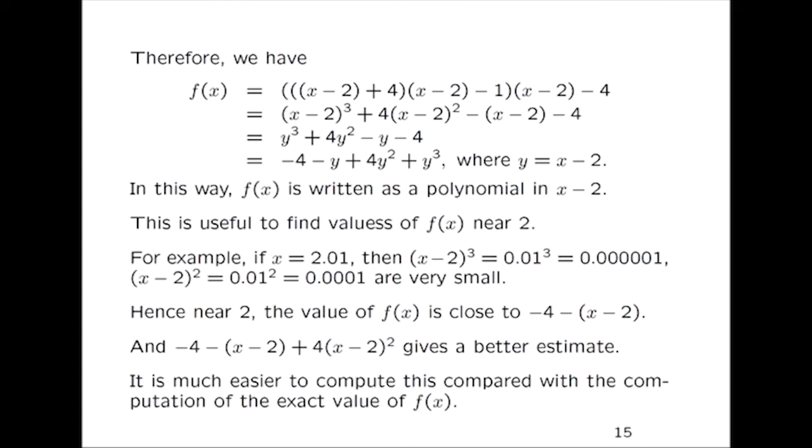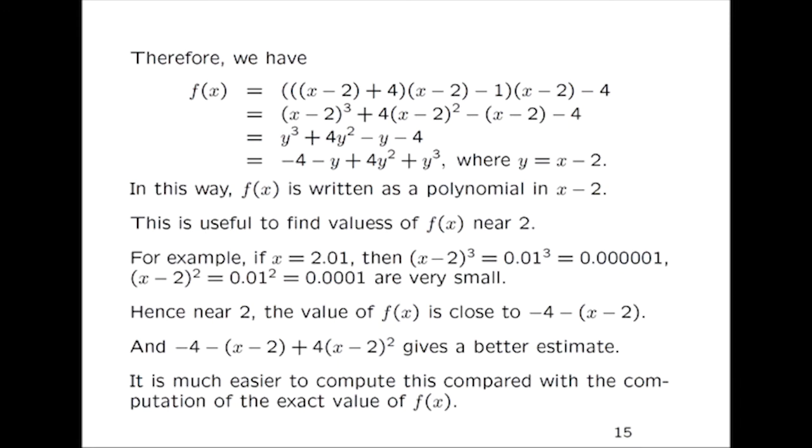In this way, if you continue the process of synthetic division, you can write a polynomial in x as a polynomial in x minus 2. Please look at the second line. That is x minus 2 cubed, and then x minus 2 squared, x minus 2 to the first power, and constant term, right?